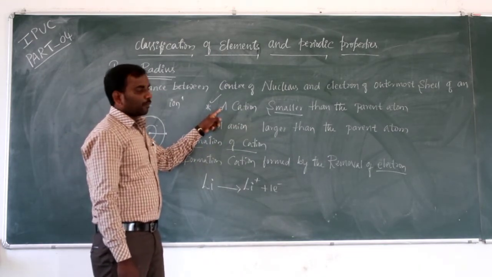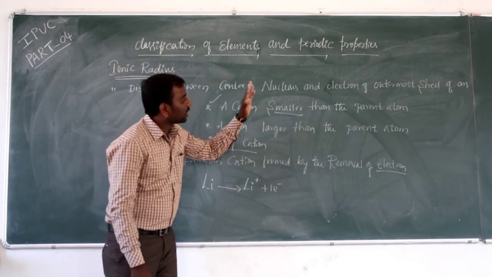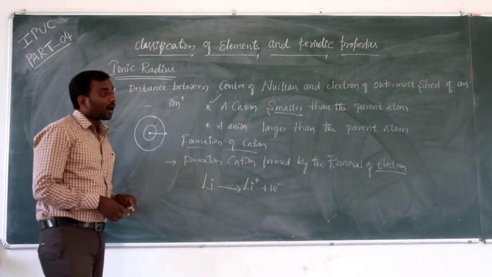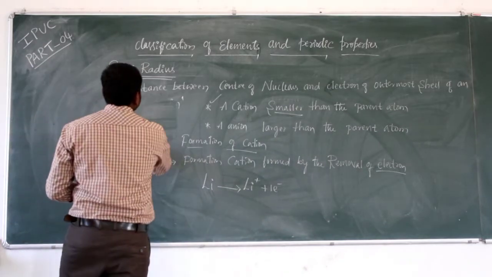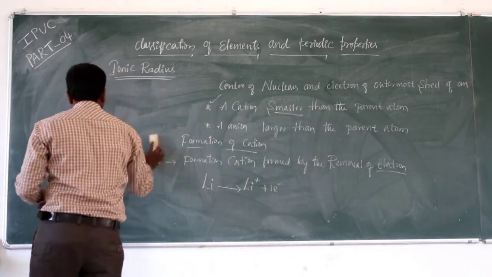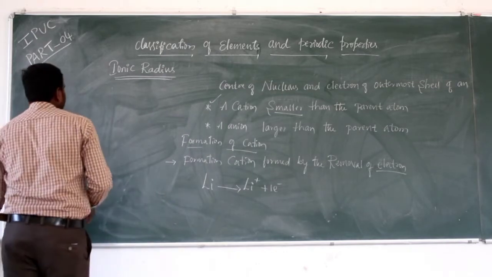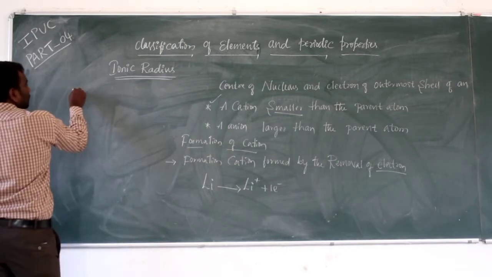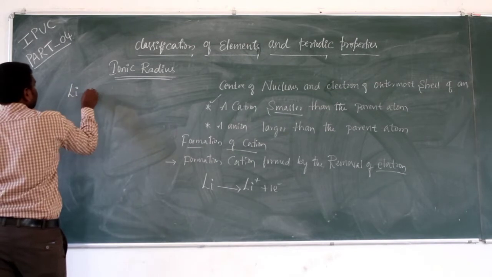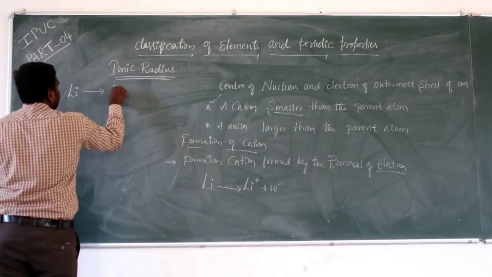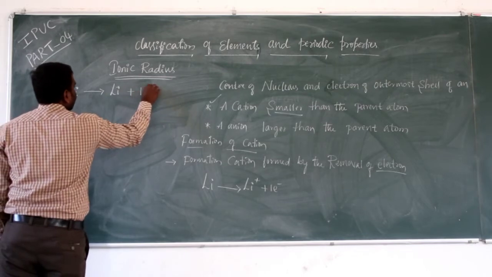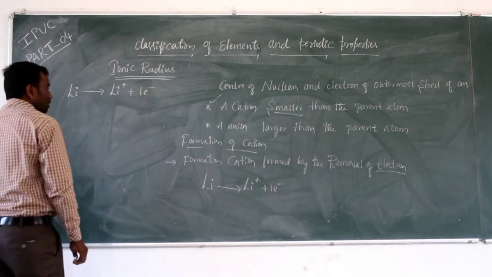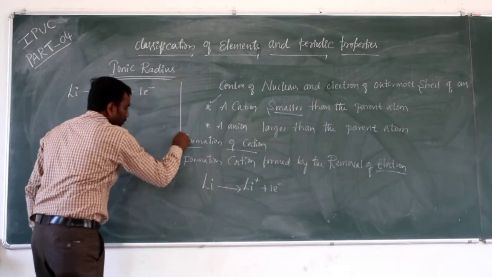See, come to this point. How is this cation smaller than the parent atom? ಹೇಗೆ ಅನ್ನೋದನ್ನ ಡಿಸ್ಕಸ್ ಮಾಡೋಣ. See, already we know that lithium becomes lithium plus 1 and carries positive charge, right? Okay.